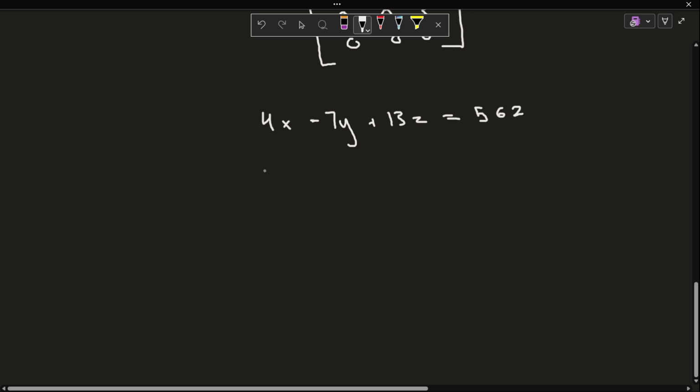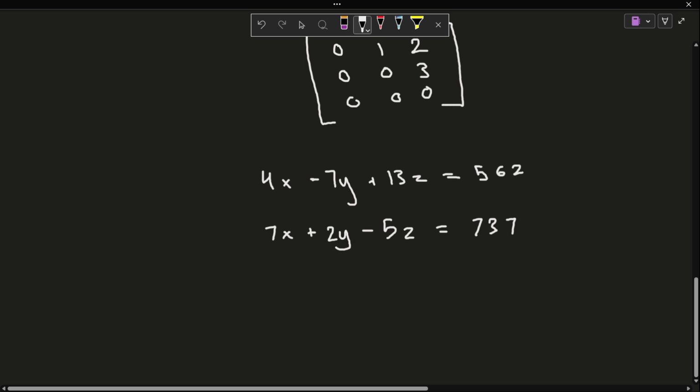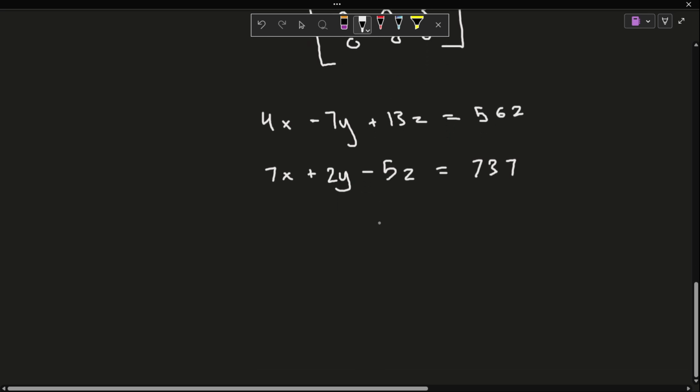And then we also have 7x plus 2y minus 5z equals 737. I don't know about you, but I would not want to solve this ever.